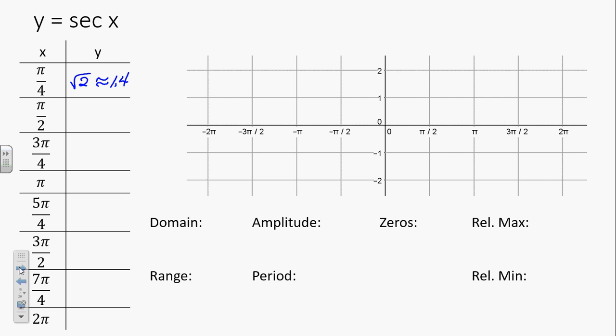Okay, what about at pi over 2? It was 0, so it's undefined. Very good. Cosine was 0, so the secant's undefined. 3 pi over 4: negative 1.4.